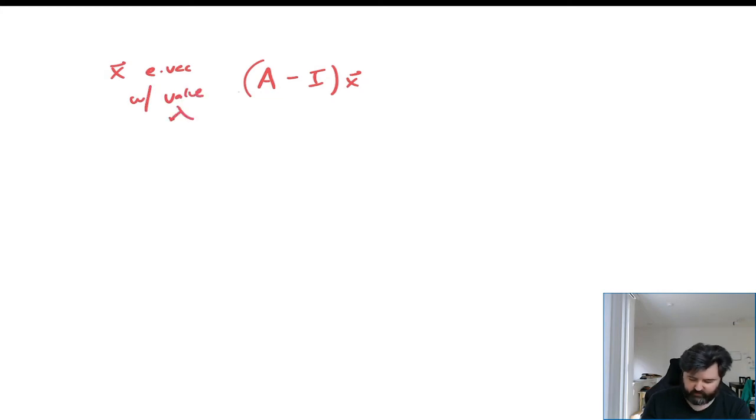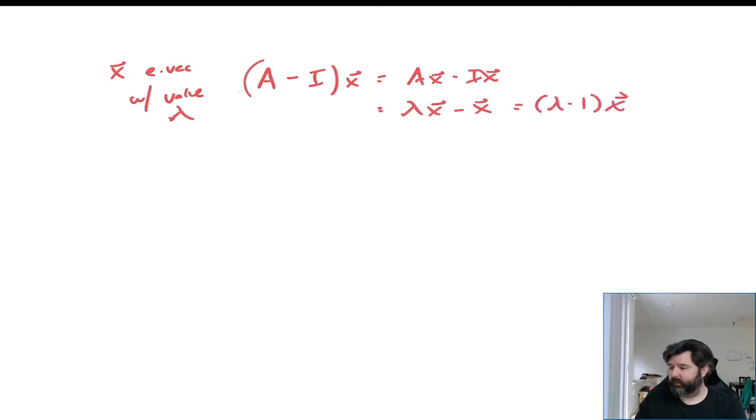If you do A minus I times x, let's just say x is an eigenvector with value lambda. Then you get Ax minus Ix, and that would just be lambda x minus x, so that gives you lambda minus 1 times x, right?